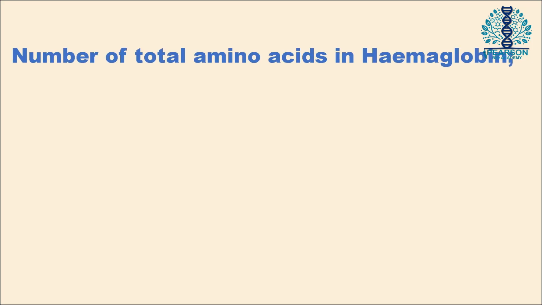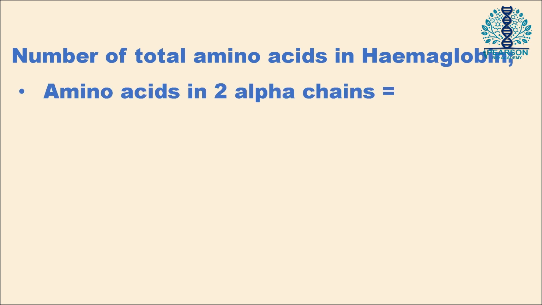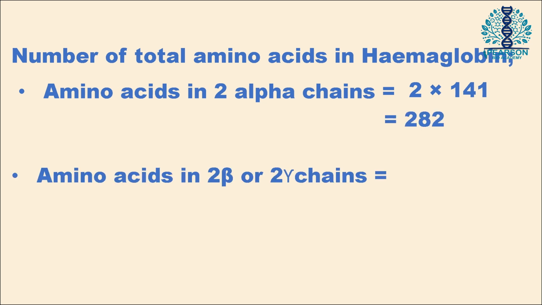Now we will do this calculation step by step. First, we have to find out the number of total amino acids in hemoglobin. Amino acids in 2 alpha chains, it's 2 times 141 and it's 282. And amino acids in 2 beta or 2 gamma chains: each beta chain contains 146, so 2 times 146, it's 292.